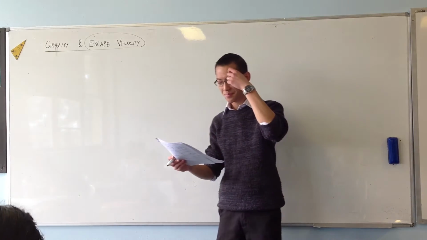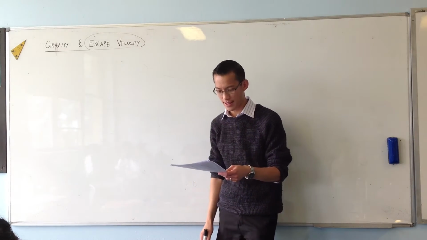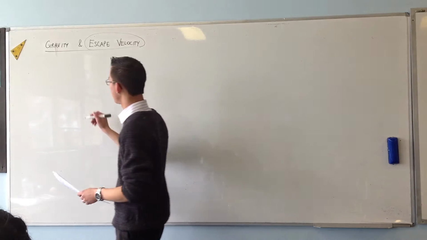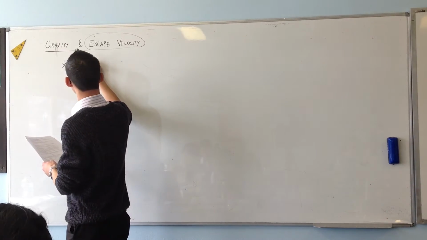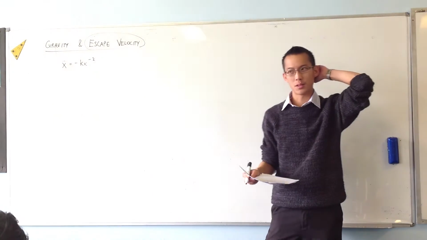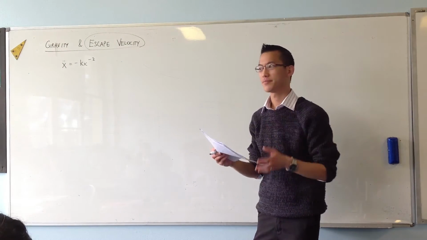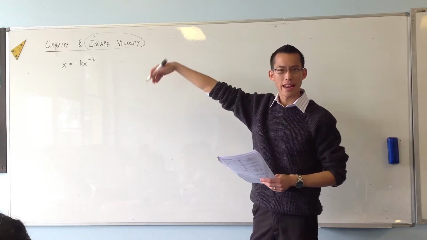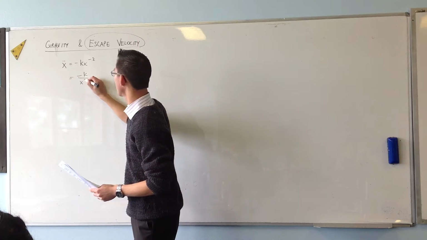Where does it start? Newton's law of gravitation says an object falling toward a planet has this acceleration. Now, just before I go any further, because I was talking to some Year 10s recently, it's on my mind. Do you remember from variation that because I've got that x to the minus 2, that's really minus k on x squared?